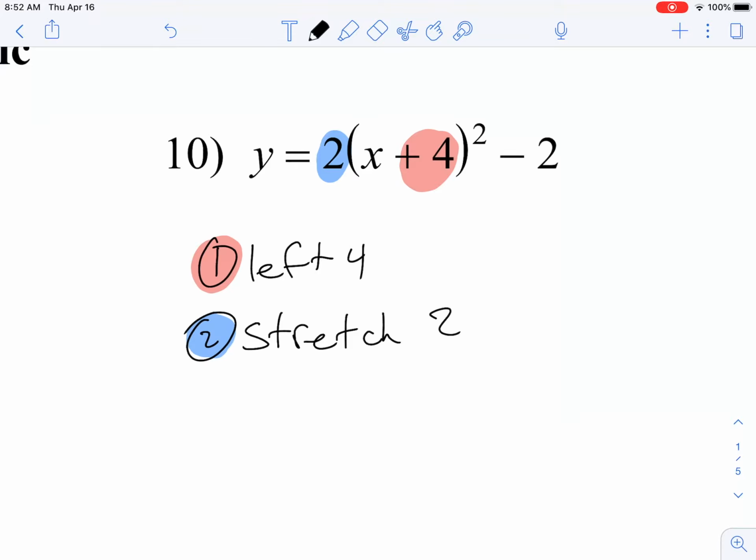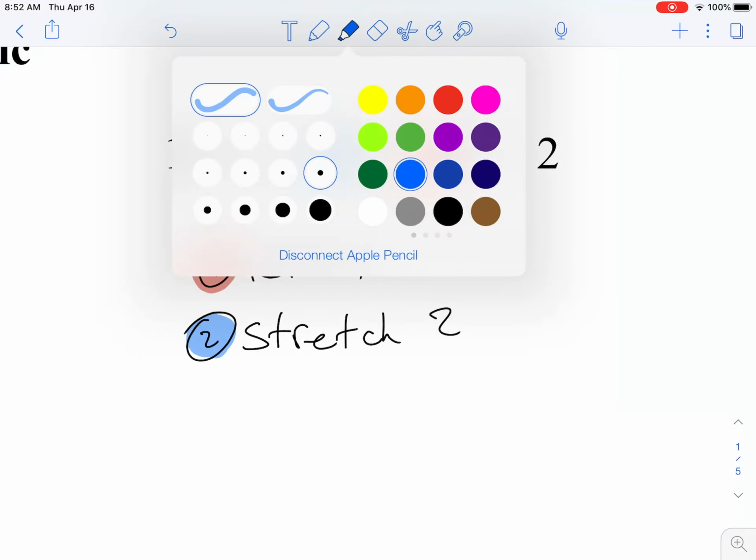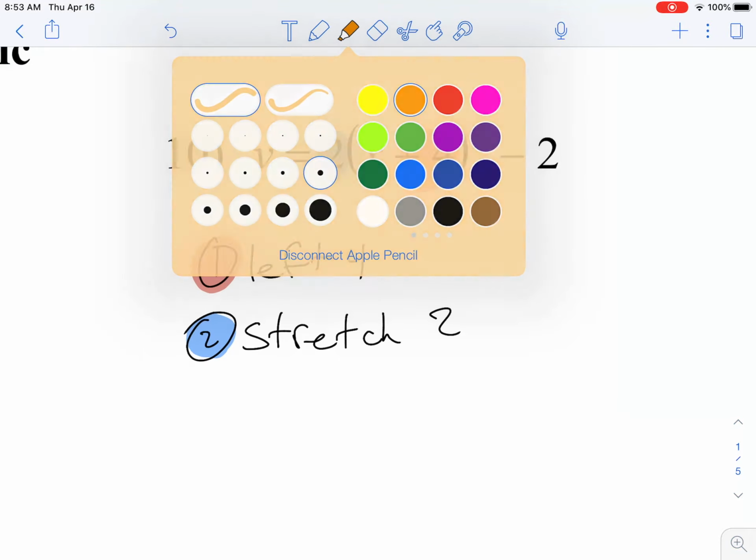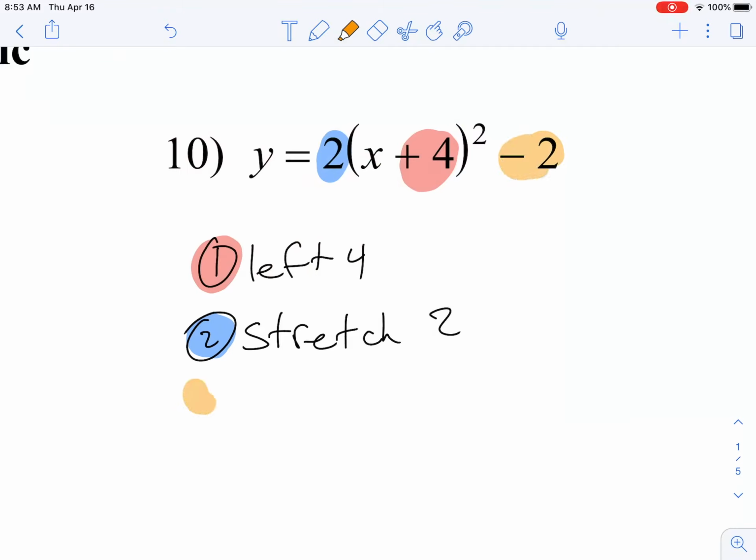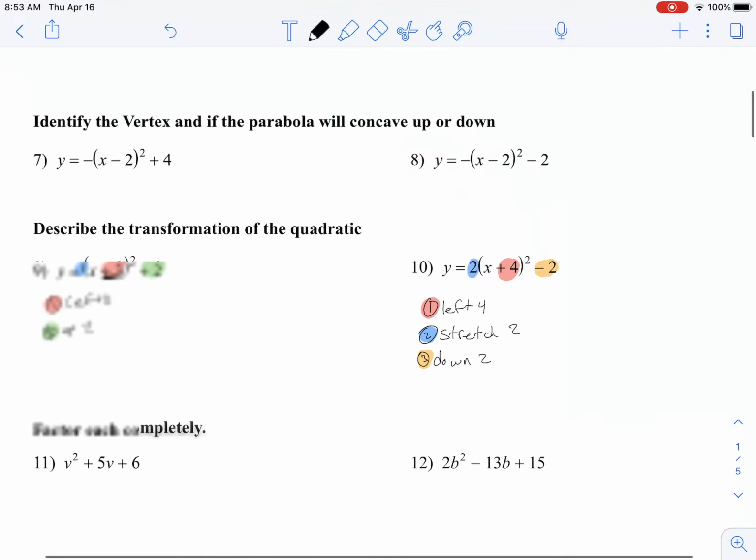And our third step is going to be down 2. Okay? So you'll see how those work in just a moment.